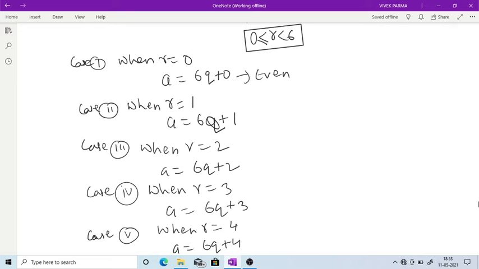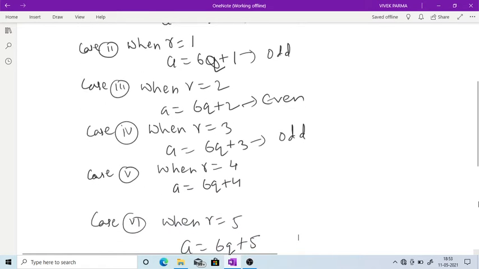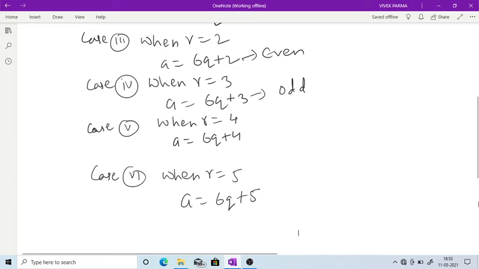And this is not divisible by 2, right? So this will be odd. For case 3, this will be even. For case 4, this will be odd, right? For case 5, this will be even. And for case 6, this will be odd.